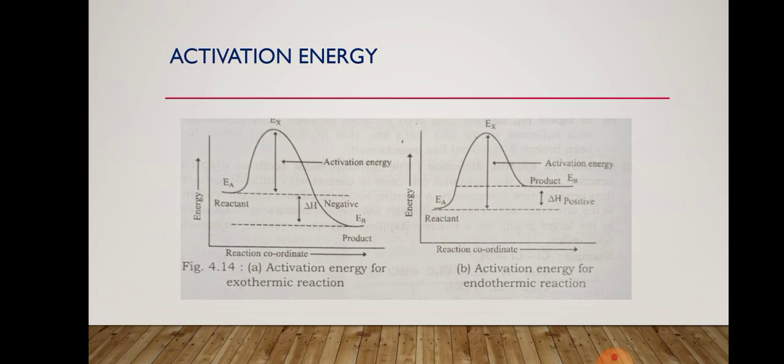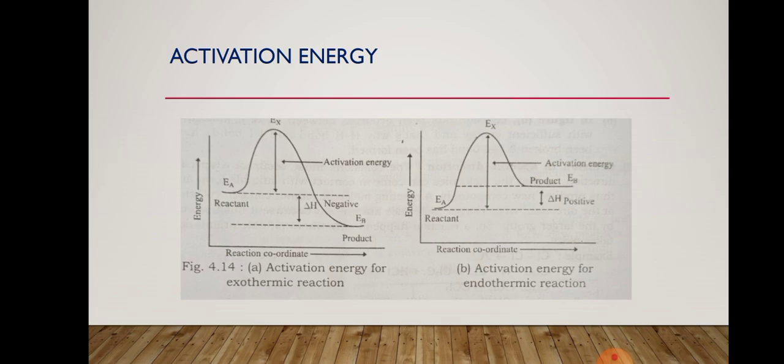Only the activated molecule can take part in the reaction and other molecules cannot react till they acquire necessary activation energy. When two activated molecules come in contact with each other, they form transitional activated complex.